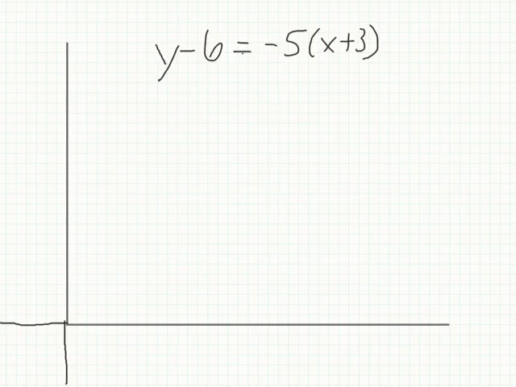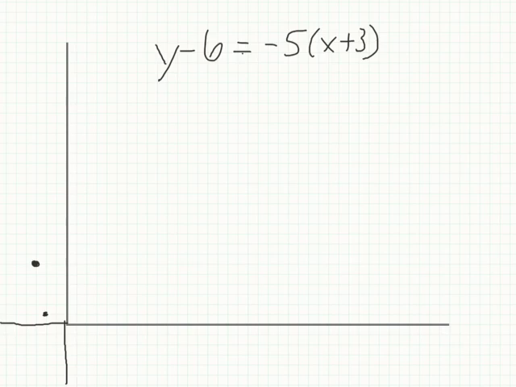So we're going to go over -3 and up 6, 2, 3, 4, 5, 6, and make our point. That's the point we were given. Now we can use our slope to help us finish this line. So, if our slope's -5, we're going to go down 5 and over 1 and make a coordinate. And we're going to go down 5 again and over 1.